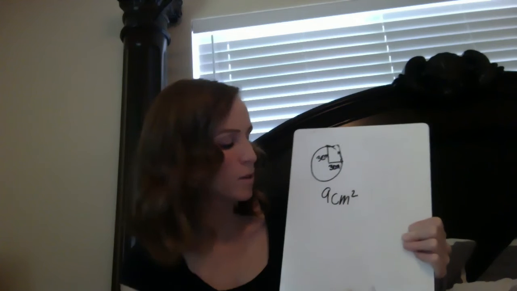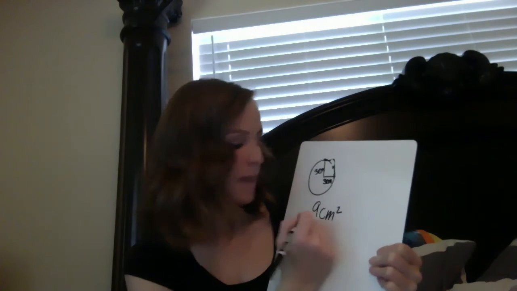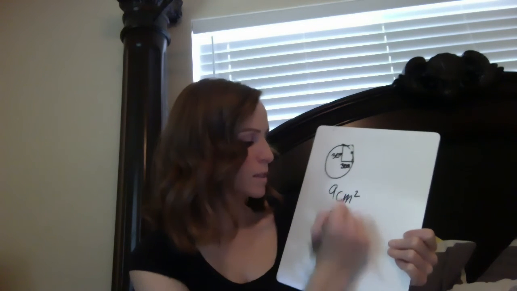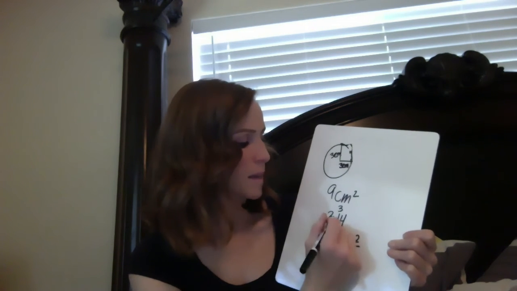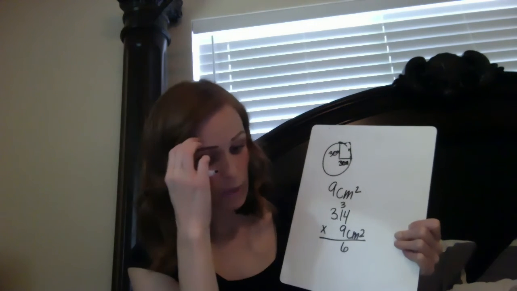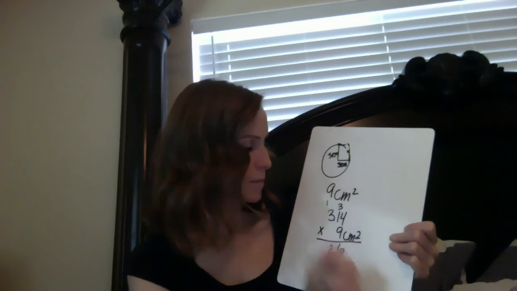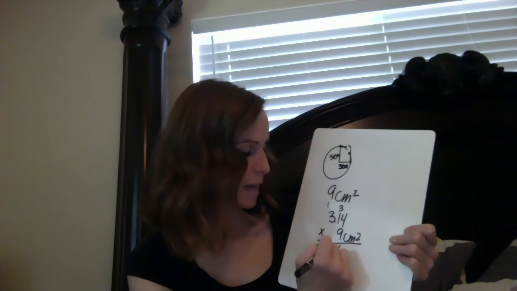Remember, we have centimeters, so we square them. Then we multiply that by pi. So we're going to say 3.14 times 9 centimeters squared. We're going to multiply that out. 9 times 4 is 36. 9 times 1 is 9, plus 3, 12. 9 times 3 is 27, plus 1 is 28.